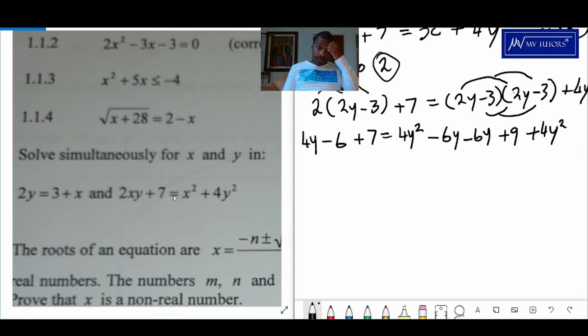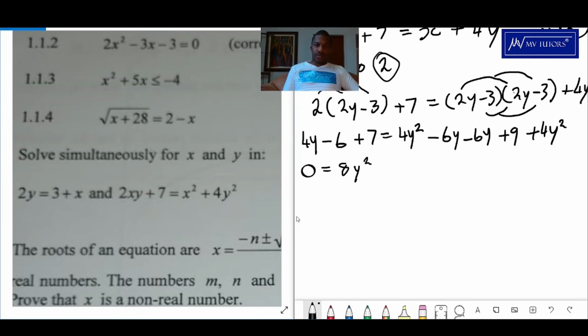So now what we want to do is combine the y squareds. So I'm going to just put everything on one side. That's 0 is equals to 4y squared plus 4y squared really is just 8y squared.